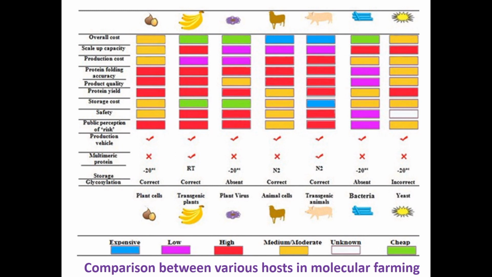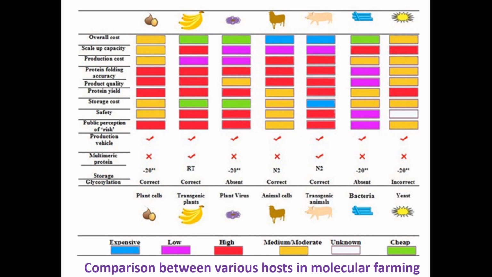Storage cost is moderate, safety is moderate, and public perception of risk is very high. The only drawback with all transgenic plant products is that public perception is high risk. The public perceives something and makes a lot of agitation, all because of the wrong perception.